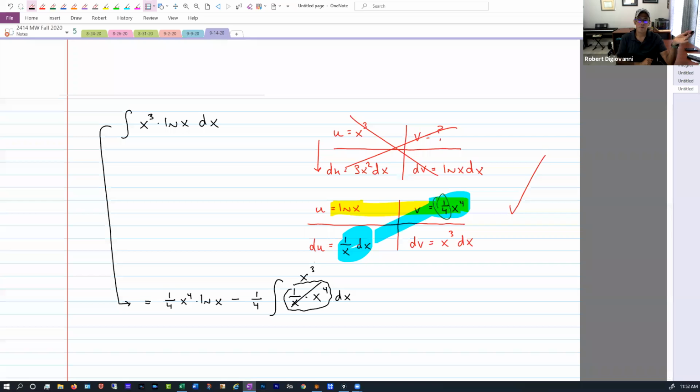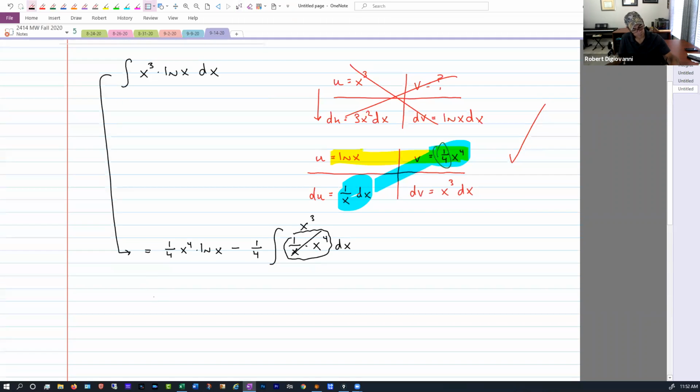And I know the antiderivative of x cubed. The antiderivative of x cubed is 1/4 x to the 4th. So we're pretty much there now. So this is equal to 1/4 x to the 4th natural log x minus 1/4 times, now we're doing the antiderivative, right?